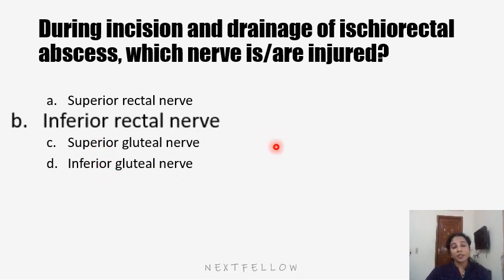The perforating branches of S2, S3 and perineal branches of S4 are also present in the ischiorectal fossa. I'll repeat again: the inferior rectal nerve, posterior scrotal nerves in males and posterior labial nerves in females, and also the perforating branches from S2, S3 and perineal branches of S4.